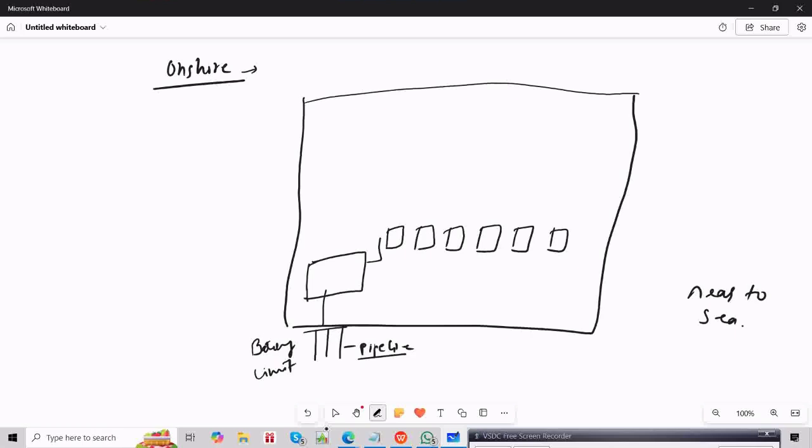When you have a very big refinery, there are more impurities. The more impurities you have, the more process units you have. Usually in Gulf countries, the impurity level of oil is very high, so to remove all those impurities you need more process units.